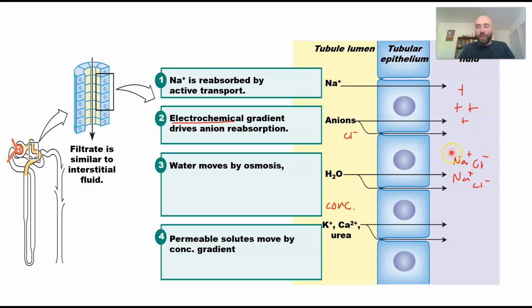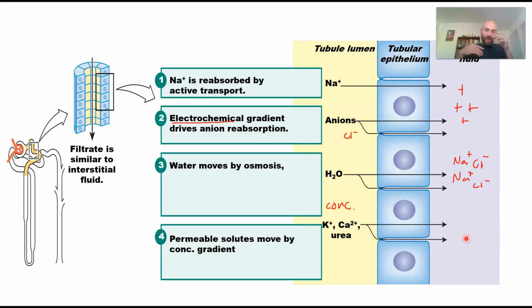Once we have a whole bunch of solutes over here, that'll draw water. That's going to concentrate this area, which means that we'll have a high concentration of potassium, of calcium, of urea over here, and so they will naturally move towards this side as well, some by facilitated diffusion, some just by diffusion.